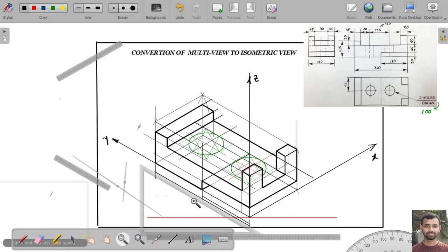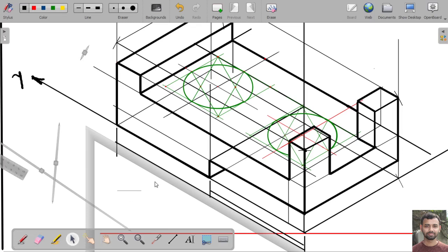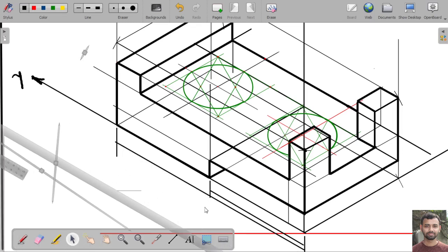So there are two distances. Now we will write this distance. So this distance is given as 180 mm.